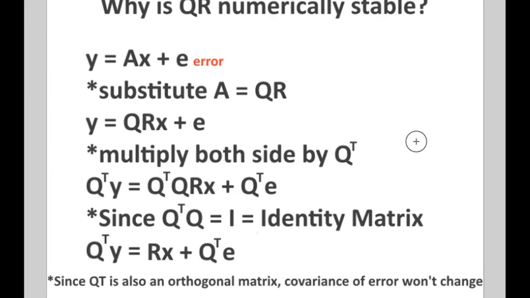I'm skipping a couple of steps here, but essentially we end up with the identity matrix.